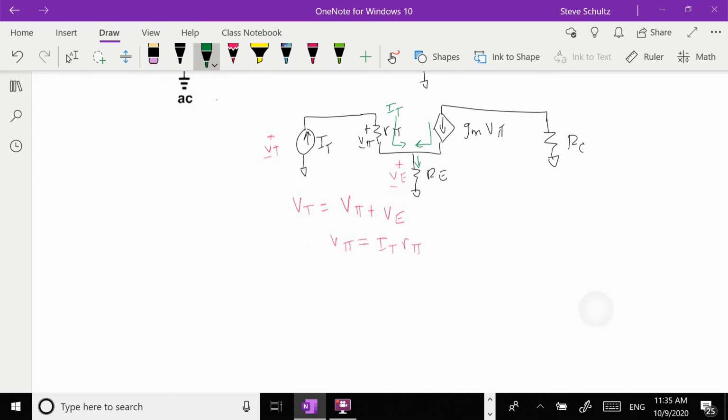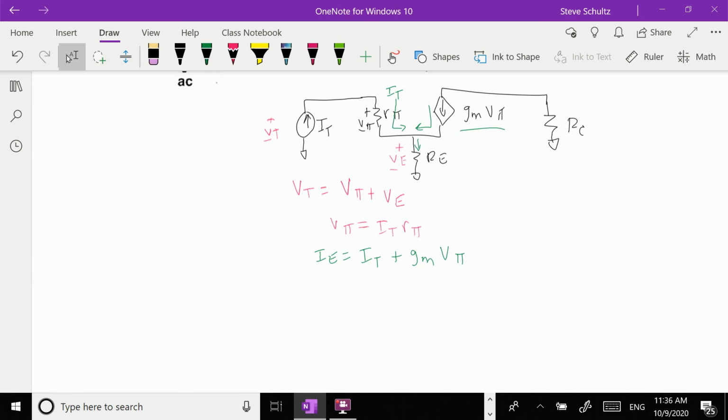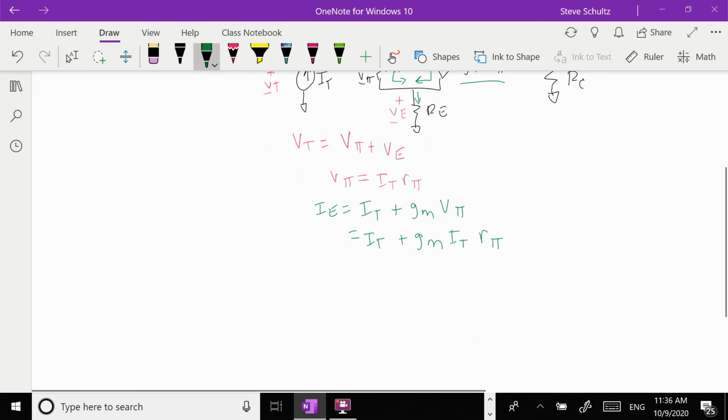This one is just gm times V pi. So IE is equal to IT plus gm V pi. Well, we have the V pi from right there, so this is equal to IT plus gm times IT R pi.